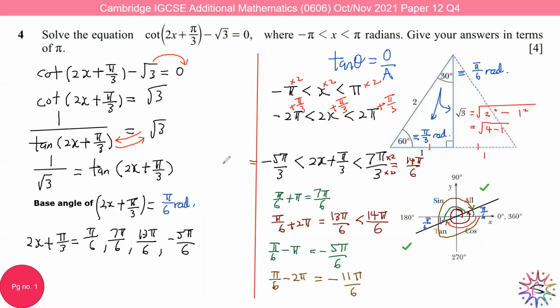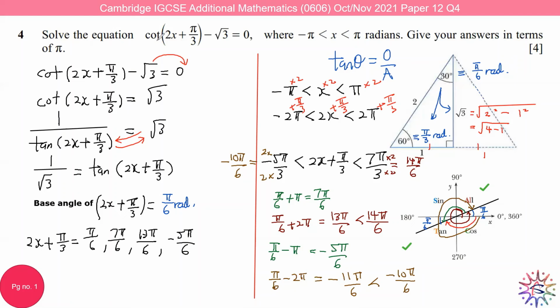And you can see that negative 11 pi over 6 is less than negative 10 pi over 6, so that is actually out of the range. If we multiply negative 5 pi over 3 by 2 and by 2, we get negative 10 pi over 6. So this angle is actually out of the range. Therefore, we have only 4 possible angles for 2x plus pi over 3.